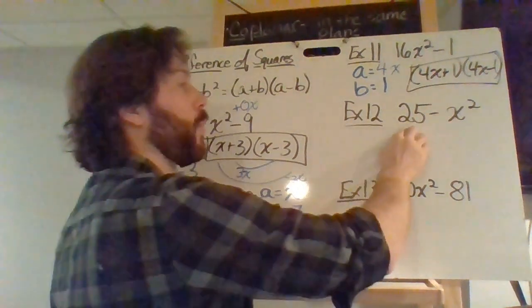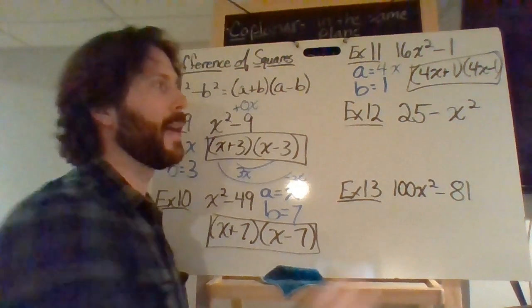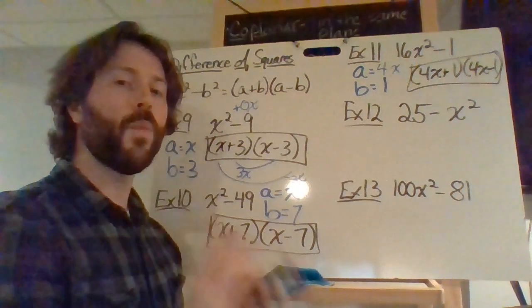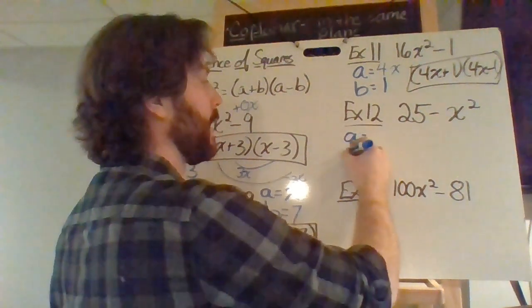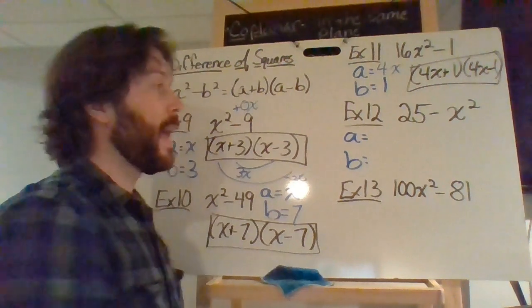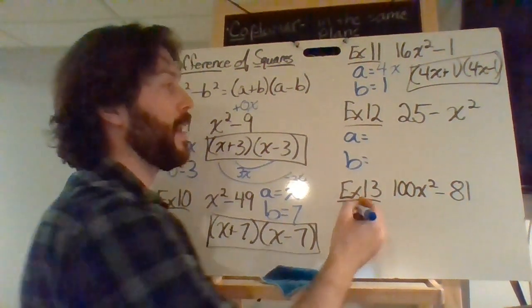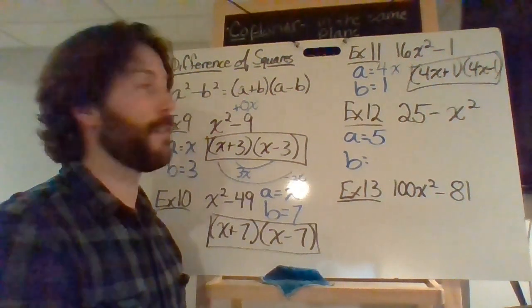Next up, I've got 25 minus x squared. Now this one seems backwards, but that's okay. I still have x squared and a constant and no bx term. So I want to identify what my a and b are. A is whatever I multiply by itself to get that first one, in this case, 25. Well, 5 times itself gives me 25.